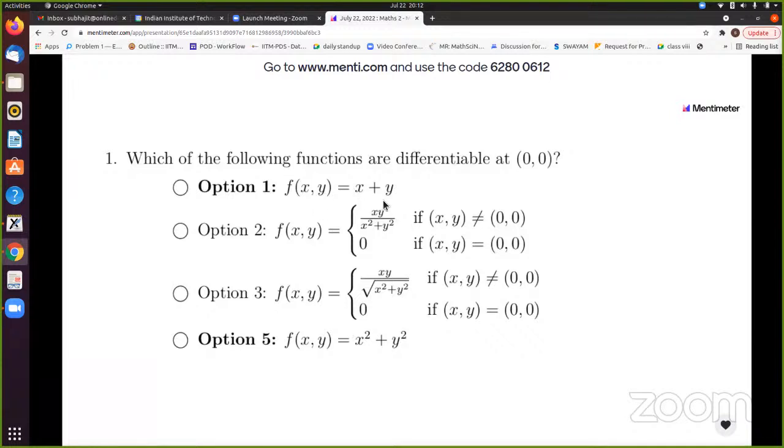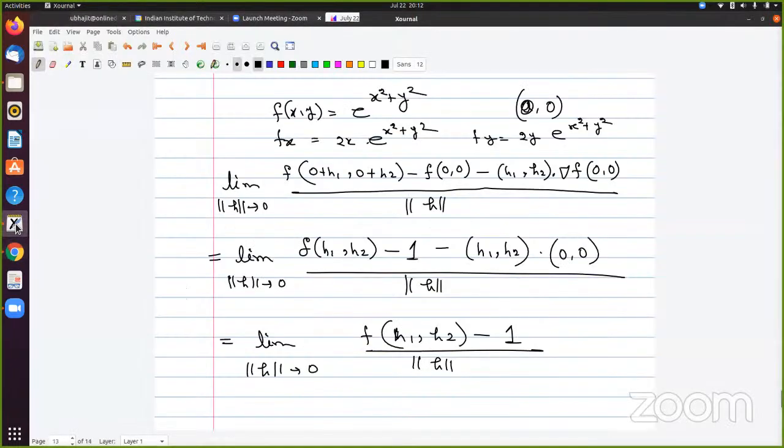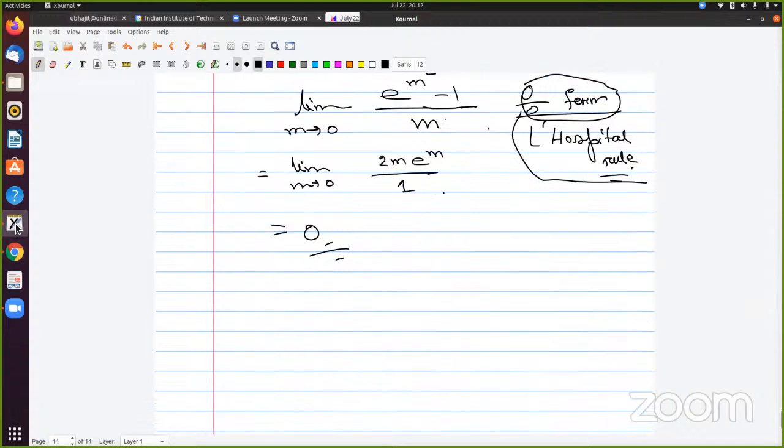So f of x, y equals x plus y, is it differentiable at 0, 0? Yes, it is differentiable. Why? Because it's like a polynomial. Exactly. So any polynomial type of function will be differentiable, and if you want to check using this definition also, then also you can get there.